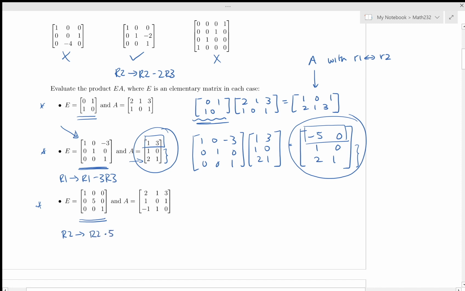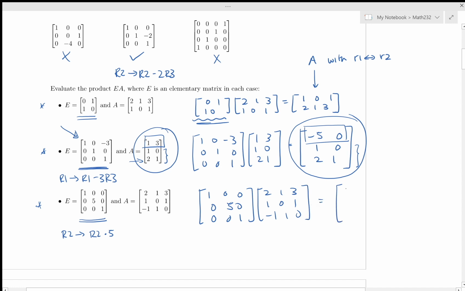If I consider what to do to the identity matrix to get E, then I have a matrix A, and I'm going to multiply E times A, like that. And I am going to get this matrix here.